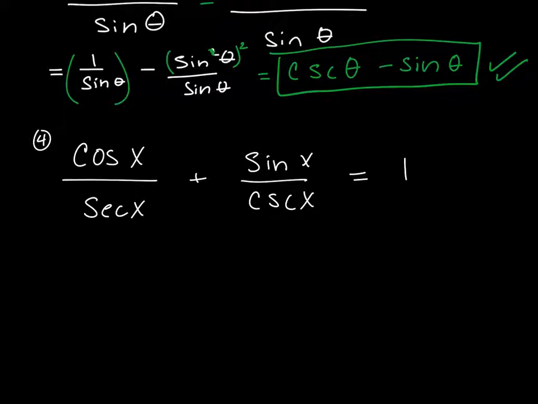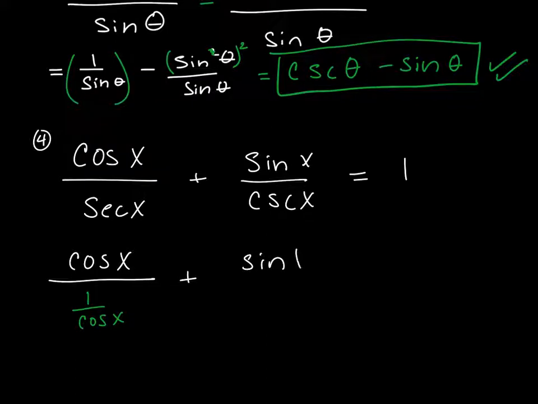All right, so first thing I'm going to go through and do with this is turn everything back into sine and cosine. So this first part stays as the cosine of x divided by the secant of x, and the secant of x is just 1 over the cosine of x.